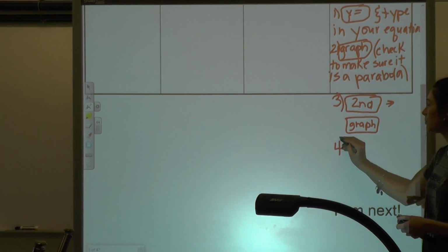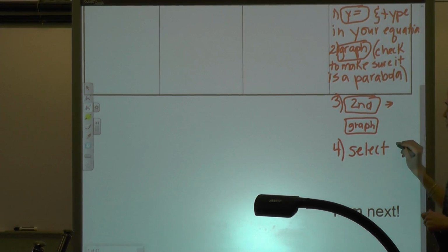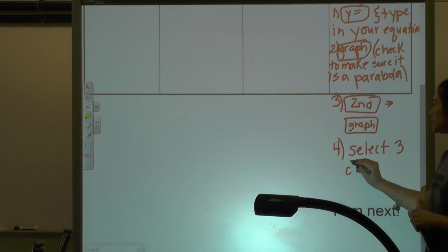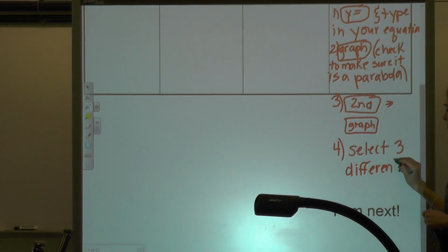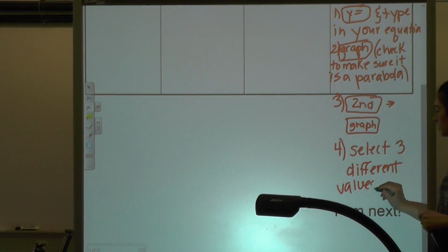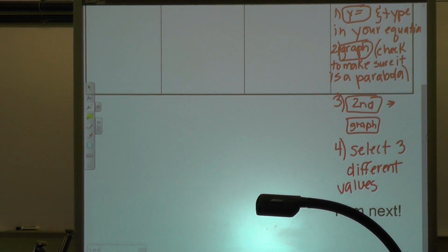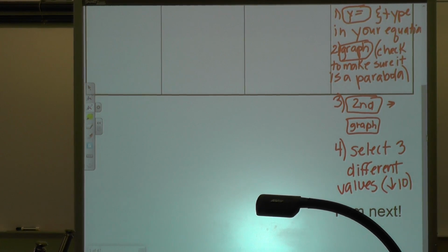Once you're in the table, you're going to select 3 different values. You want to make sure that those values are preferably 10 and under.